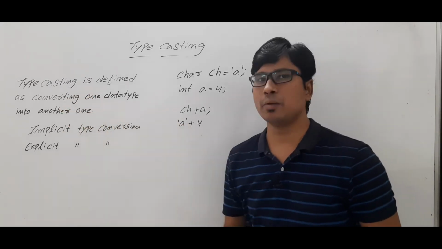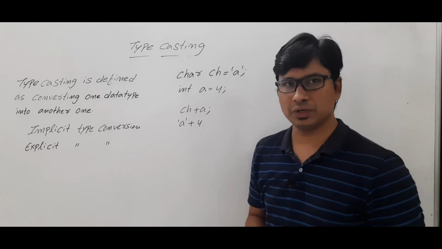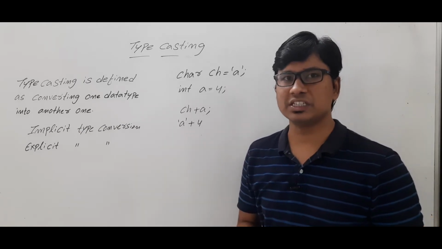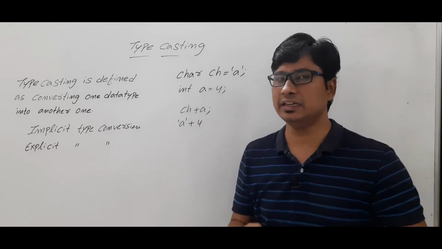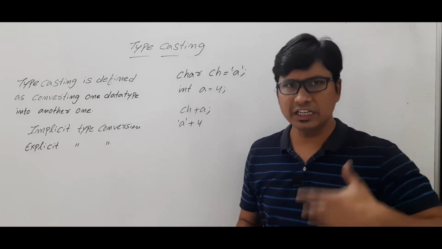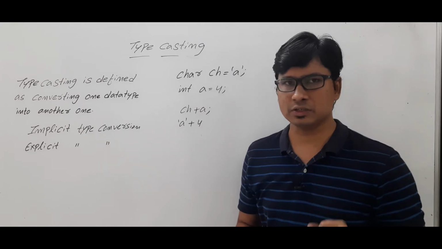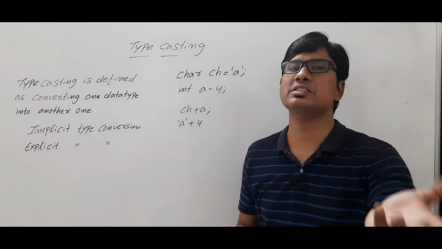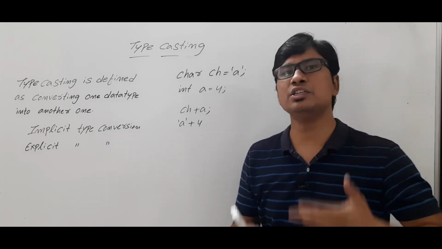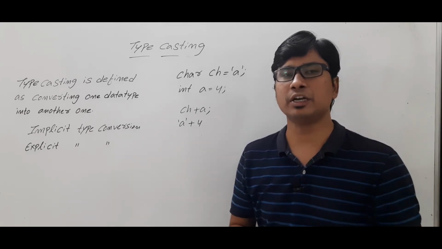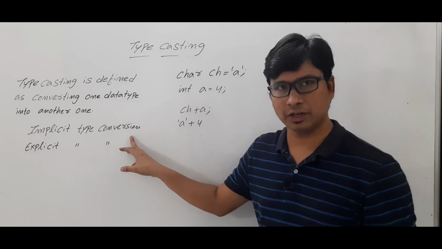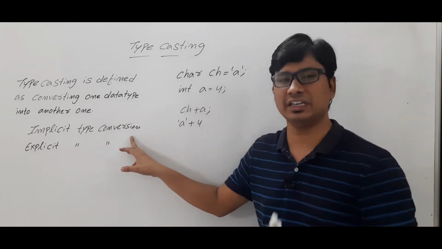Now let me discuss the implicit type conversion. In an implicit type conversion, the compiler will do the type conversion automatically. Any type conversion can be done by two persons: one is the programmer and the other is the compiler. If the compiler is doing the type conversion automatically, that kind of type conversion we call an implicit type conversion. The programmer is not involved here.